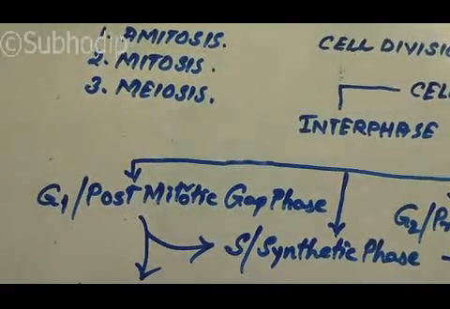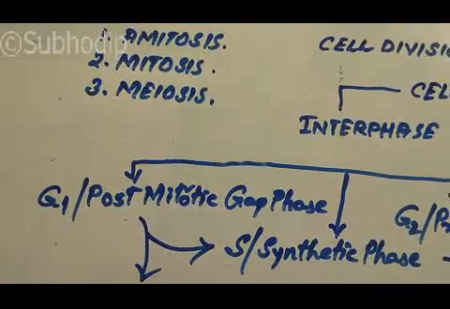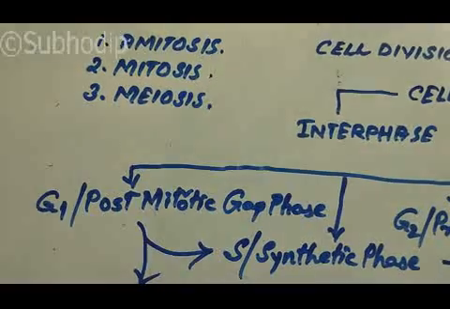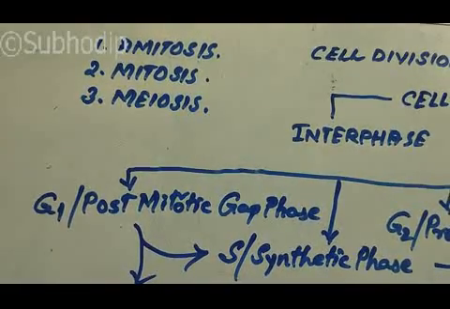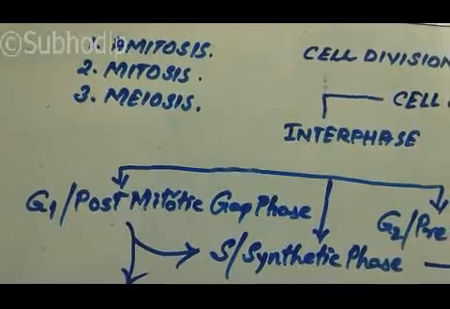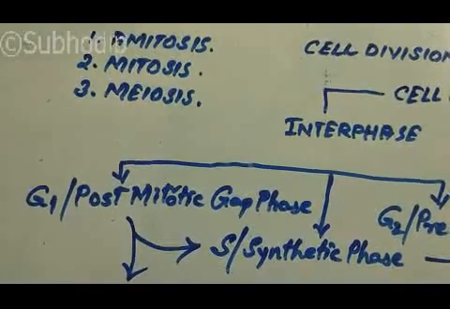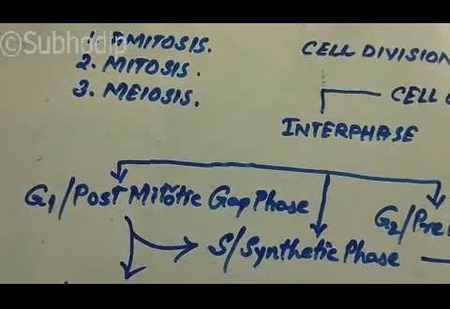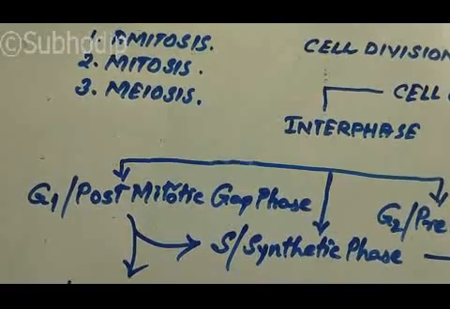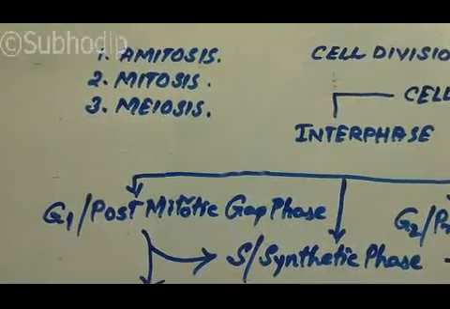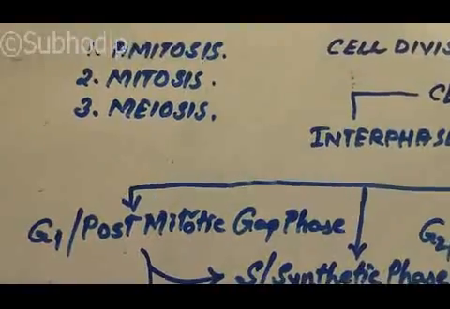It is the process of cell division in which the nucleus first constricts in the middle to divide into two daughter nuclei, and then the cell undergoes changes without spindle formation and ultimately divides into two daughter cells. Amitosis occurs in microorganisms such as bacteria.